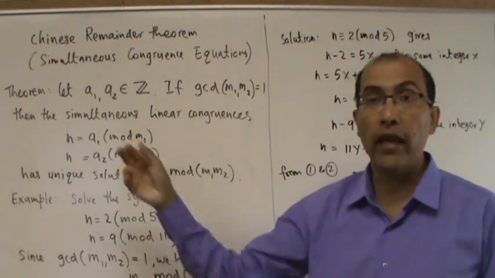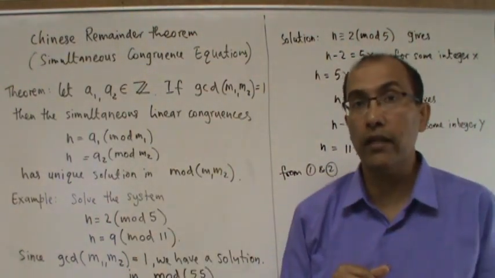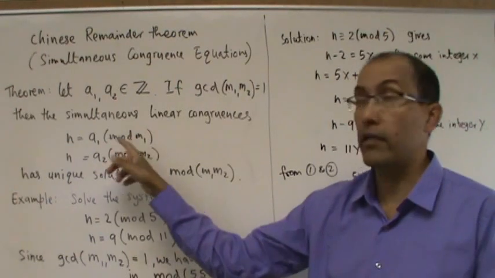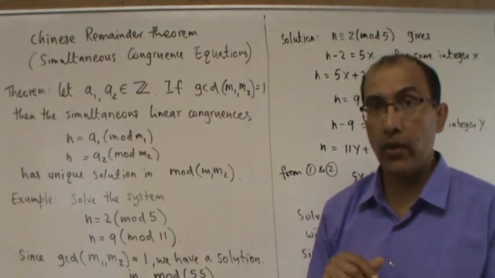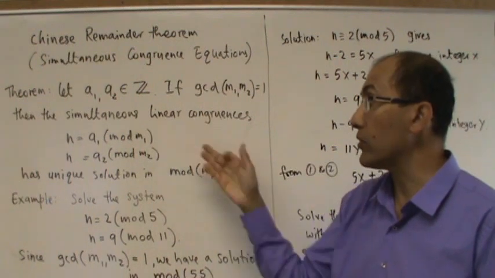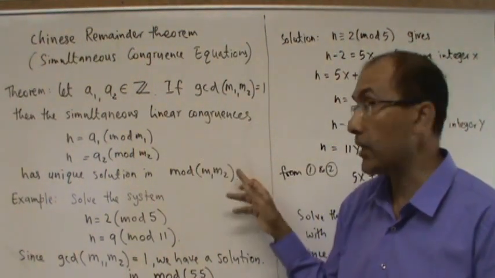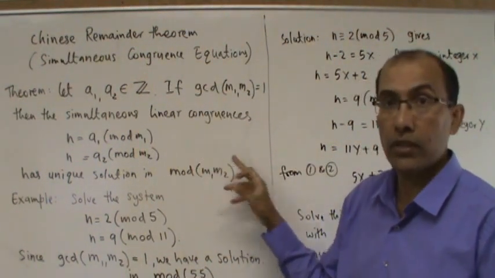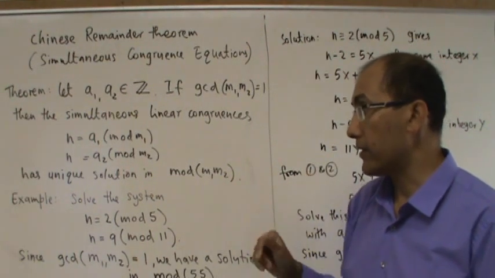Now we are solving for n, that's what we want to find. What is the n that will satisfy both these equations? And when we are working in mod m1 and m2, our solution comes out in mod m1 m2, in the product.